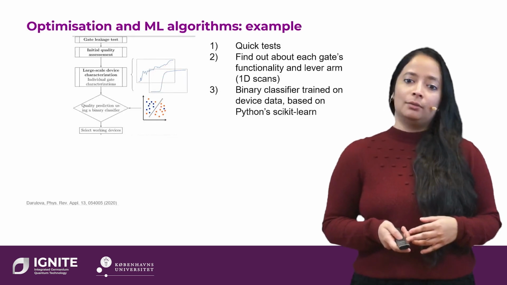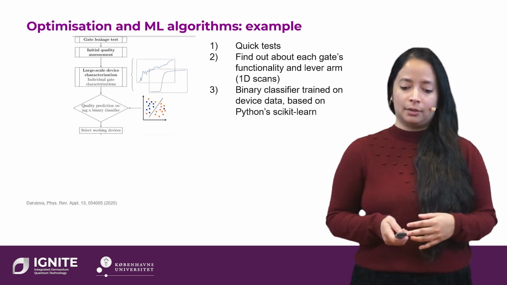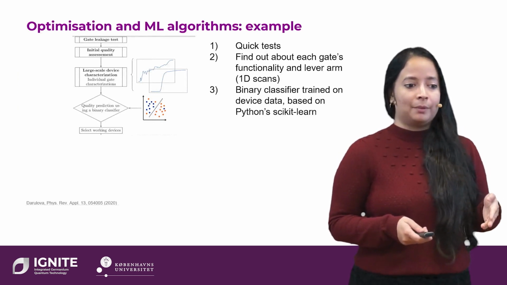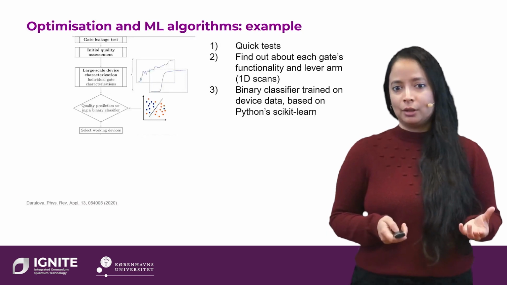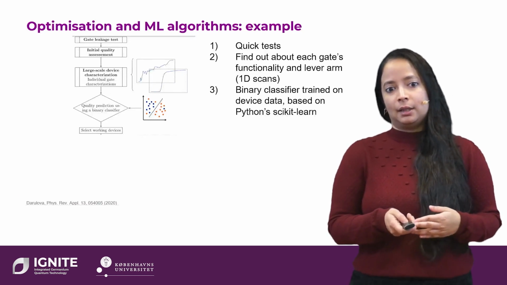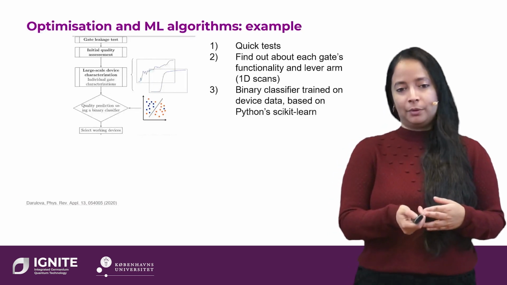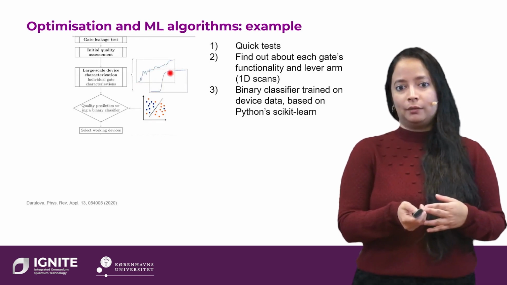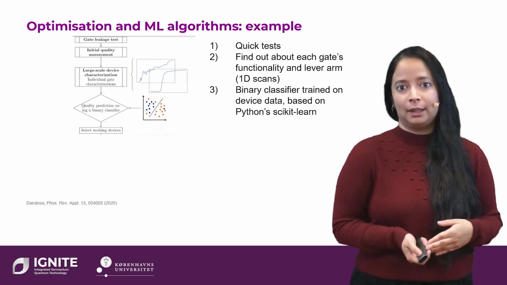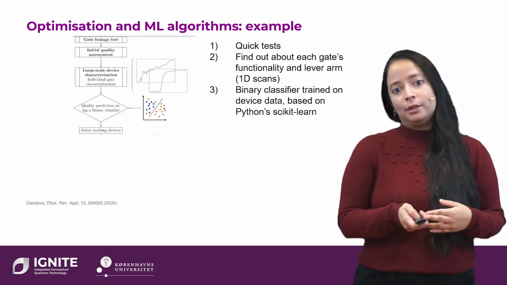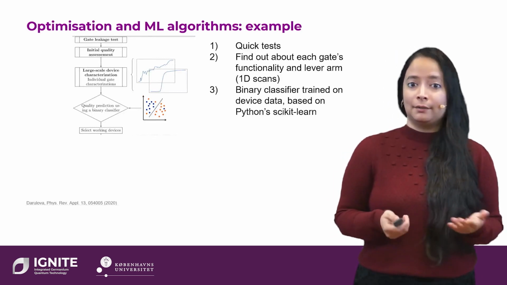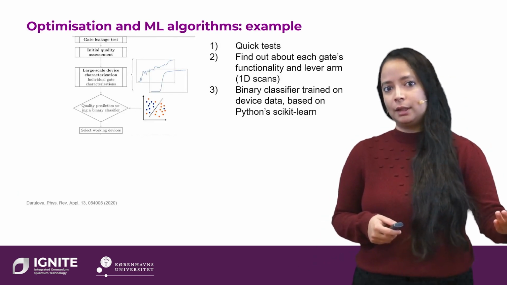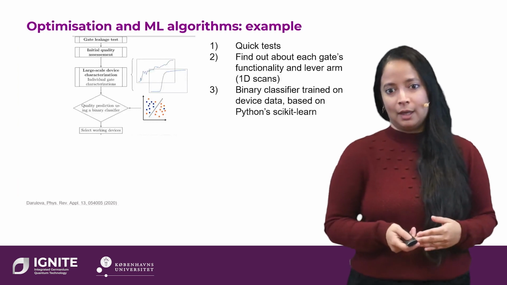And so, what you can do then is have a sort of binary classifier where you set some, perhaps in the beginning arbitrary, threshold, which says that the quality of this particular gate is maybe not good, but the quality of this particular gate, which pinches off cleanly, is good. And then you use this binary classifier to classify your devices into good or bad, or devices that you go further with and devices that you do not go further.